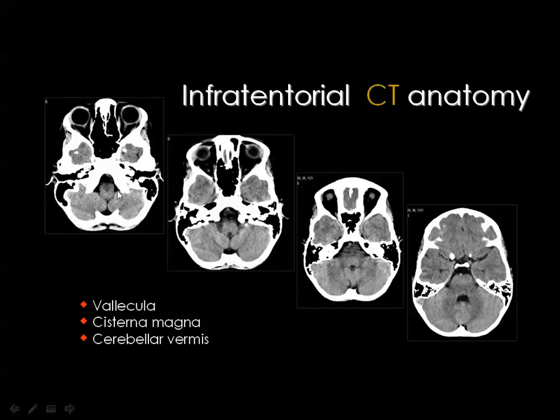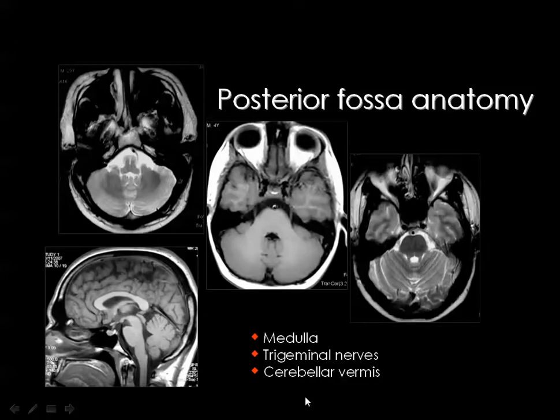Then you can see this CSF space surrounding the medulla oblongata, and if there is a defect in the CSF space surrounding the medulla oblongata, then you will see the inferior cerebellar peduncle joining the medulla oblongata to the cerebellar hemisphere. And you may be able to see it or may not, because it's very small. Also, the superior one is also small.